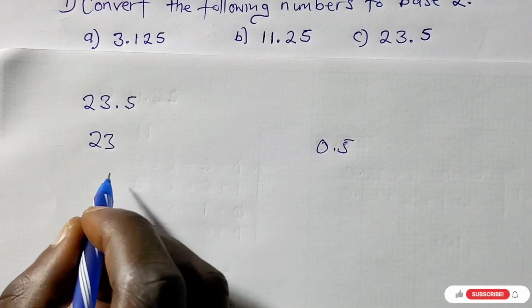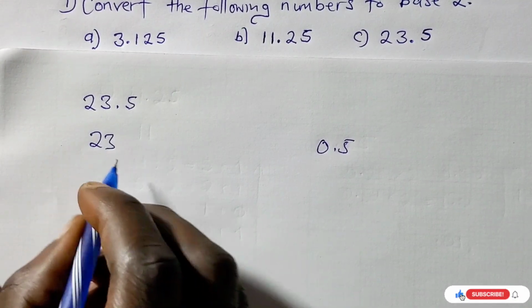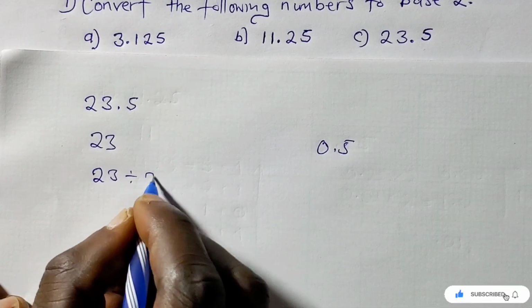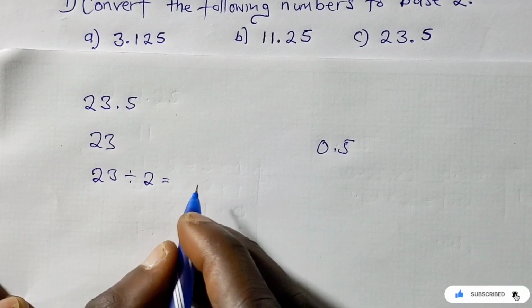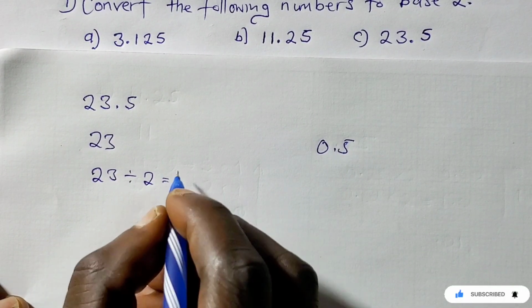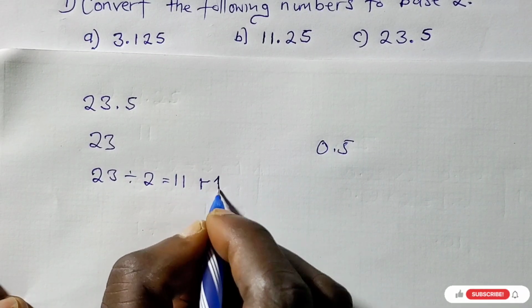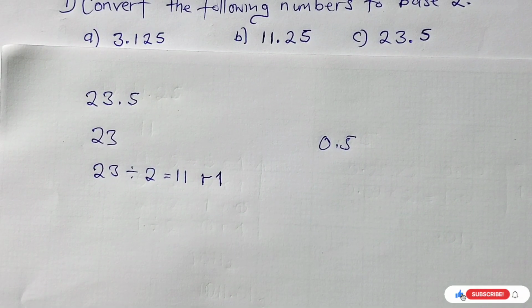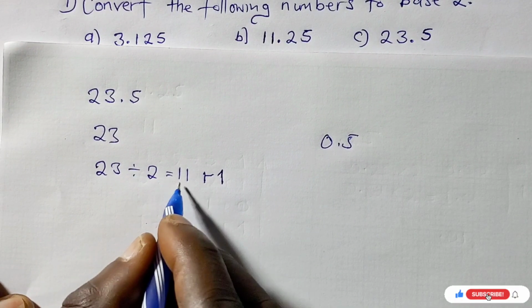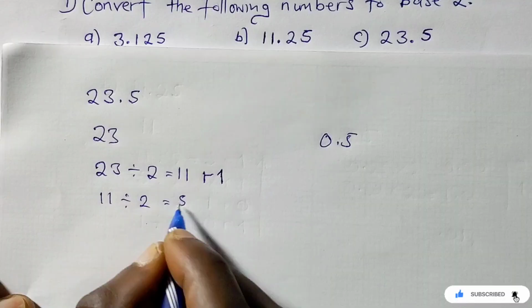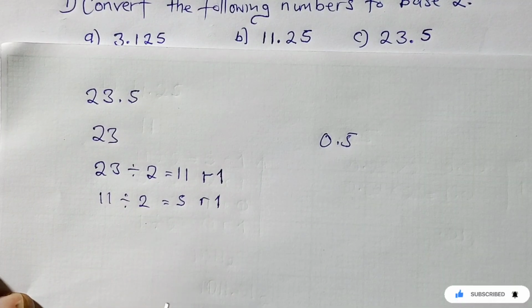Okay, so here we divide. So we're going to say 23 divided by 2. 2 into 23 goes there 11 times remainder 1. Then 11 divided by 2 is 5 times remainder 1.